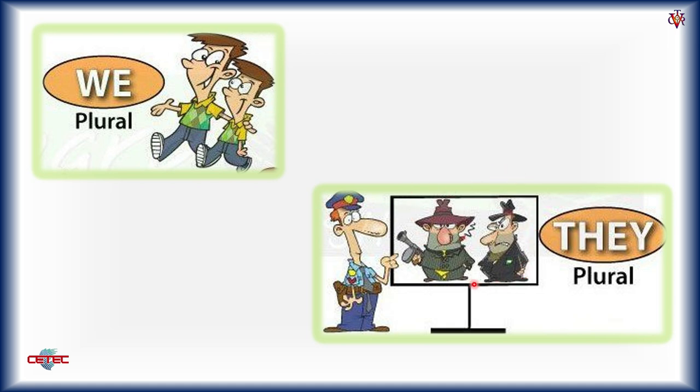Probably they are not close to you. And don't forget, here you are not included. So you are only talking about them. And they can be far away. We and they.